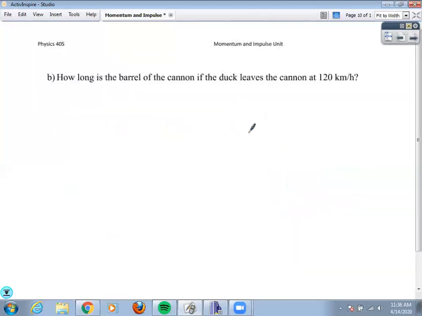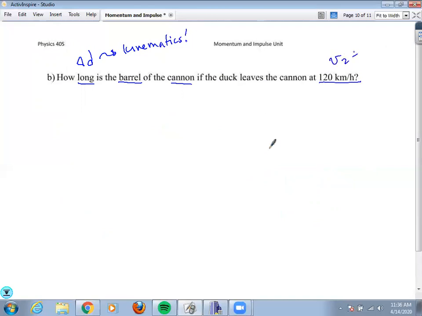Part B, how long is the barrel of the cannon? How long? That looks like a delta D, which means kinematics. The duck leaves the cannon at 120 kilometers per hour. We'll assume that V1 of the duck is 0.